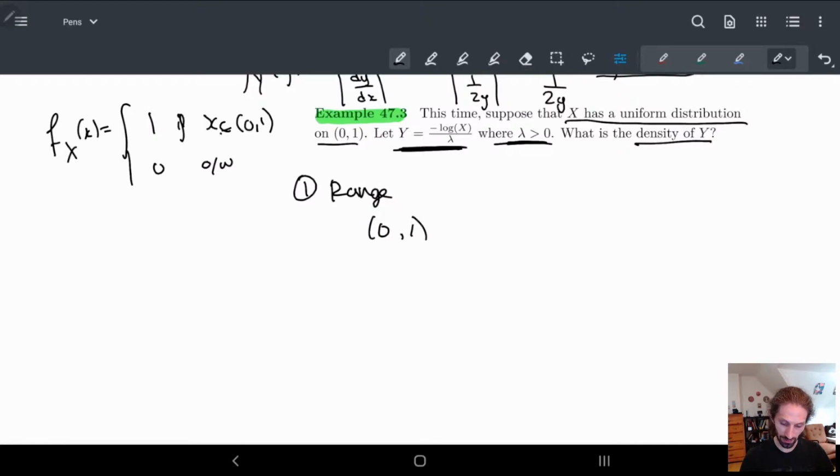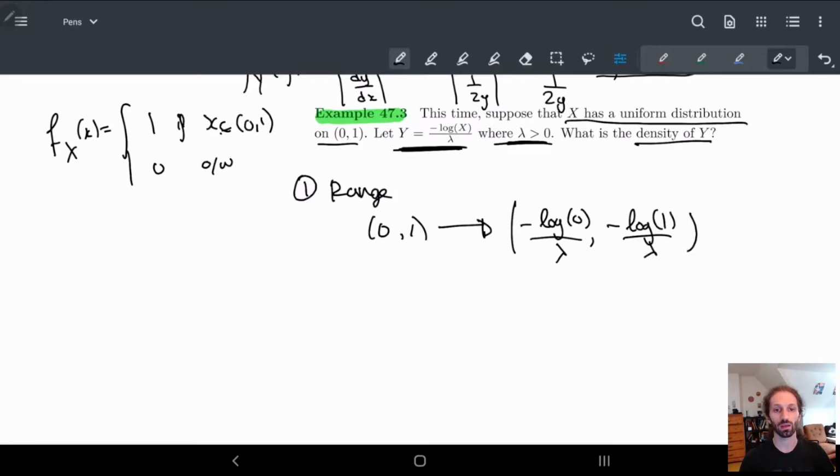This is the range of x. And I'm going to convert this to y where I plug in my number. So I have minus log of 0 over lambda. I don't know what lambda is. And then minus log of 1 over lambda. Log of 0 is minus infinity.